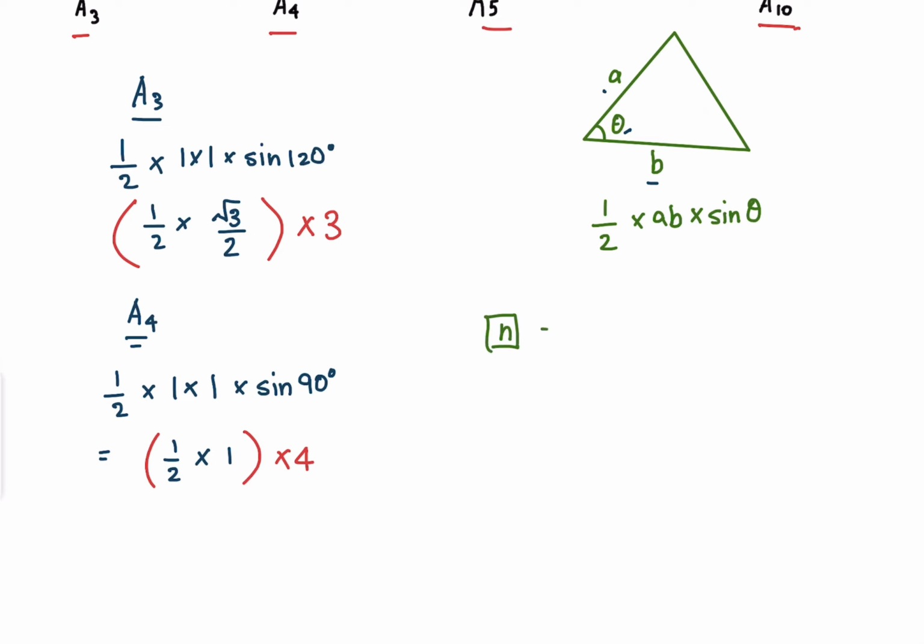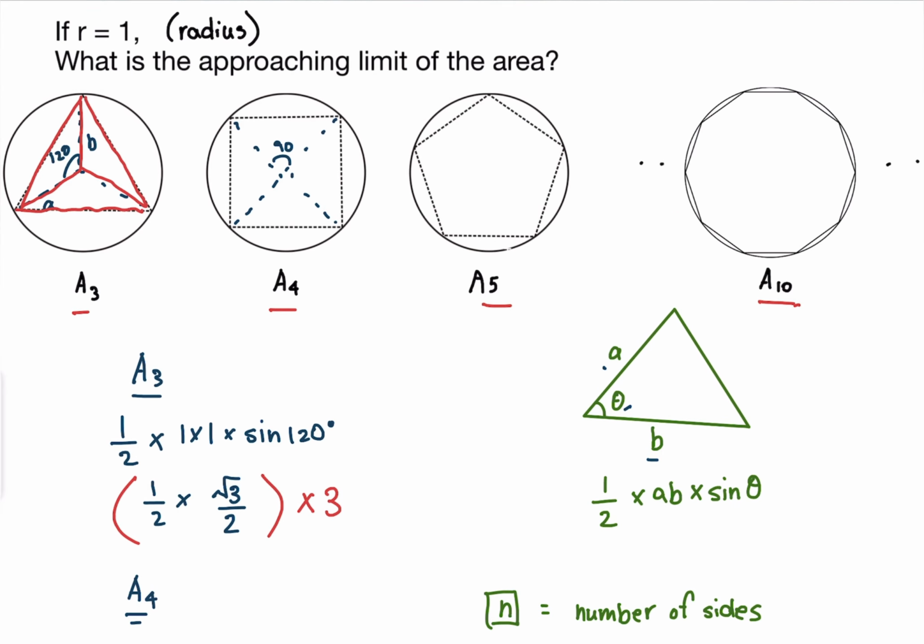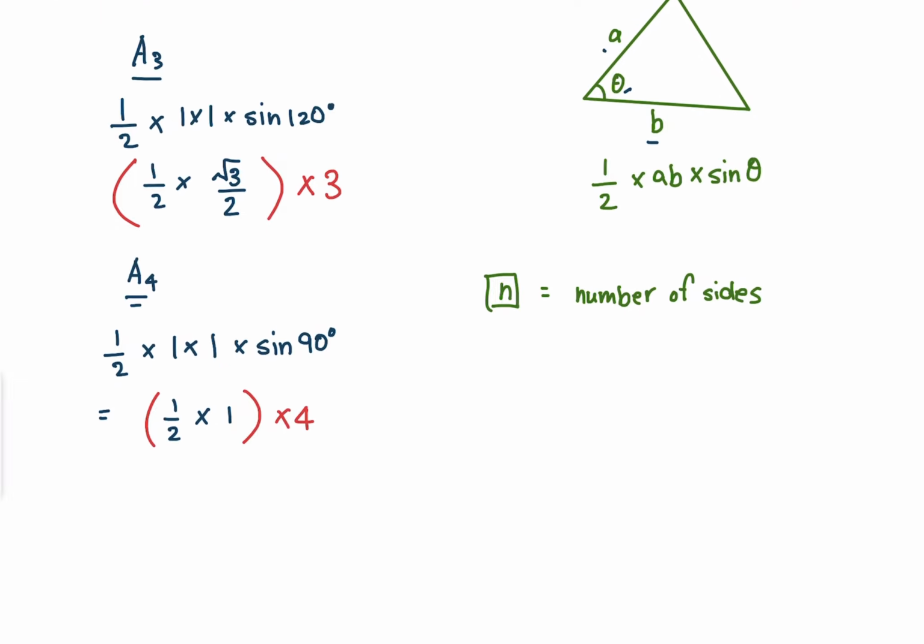So n would be the number of sides. So over here, n for A3 would be 3, n for A4 would be 4, and then n for A5 would be 5. And this would simply go on, and then n for A10 would be 10.